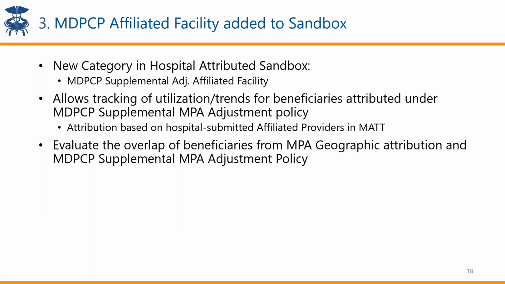And these attributions are based off of the providers that hospitals submitted under the affiliated providers tab in the MAT tool. And this allows the hospitals to evaluate the overlap of beneficiaries from the geographic attribution MPA approach and the MDPCP supplemental MPA adjustment policy.